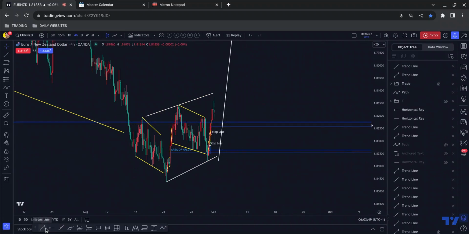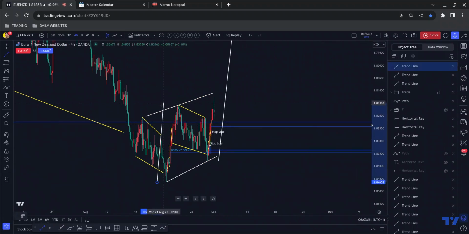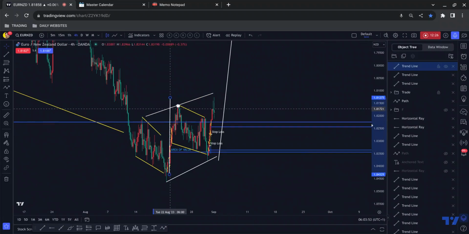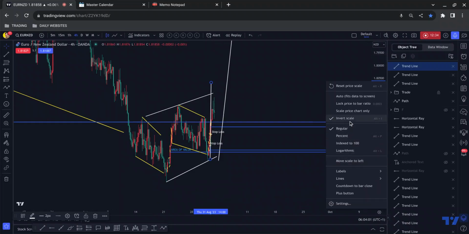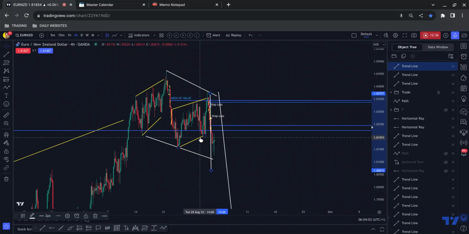I've just flipped the chart upside down. If we just measure the impulses, I wouldn't be interested in this, because if we were getting long, I'm going to flip that back upside down.